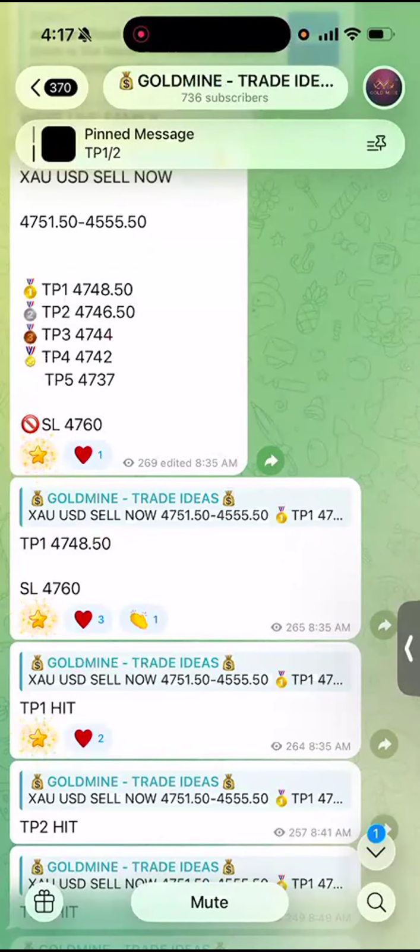Sometimes I set it at TP2 and TP3. Some people might decide to set it at TP1, but the wise thing to do, guys, even if you want to set TP1, is you see that one that is 4753, you can set that at TP1 and set the other one at TP2 or TP3. Depends on you and the one you want to stake.